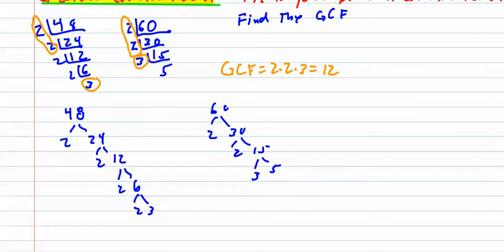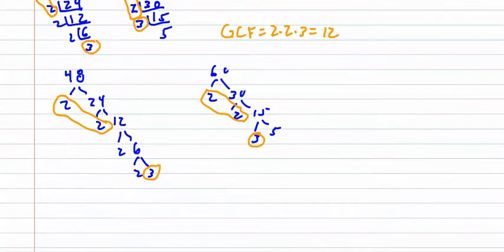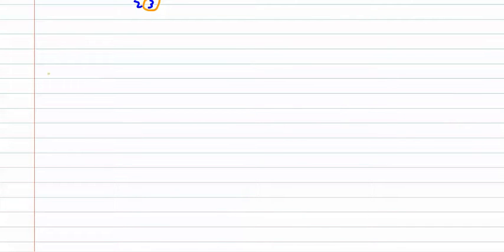We're just repeating the same thing. We have 2 2's on both sides. We have a 3 on both sides. We're going to get 12. I don't care how you do it. It does not matter.